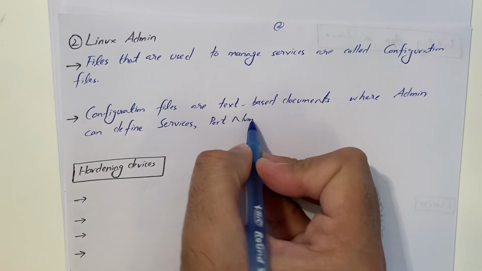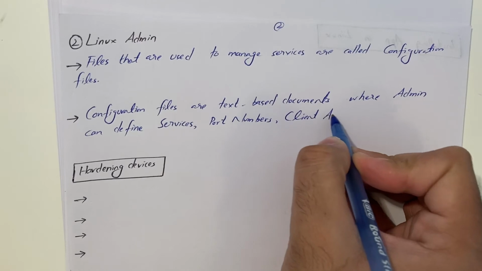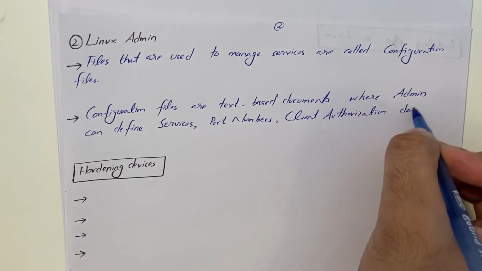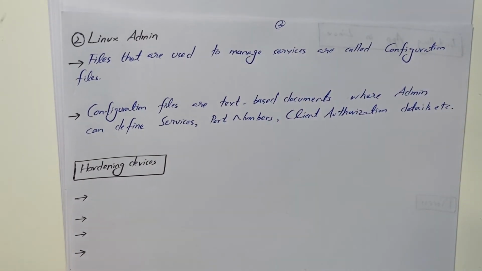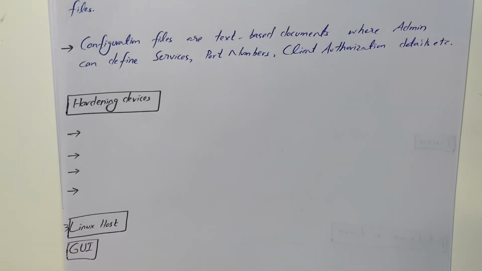You can block ports, you can enable ports, client authorization details, etc. This is basic, and you can always manipulate it if you know Linux programming. The configuration file could be written in Perl language. It could be in Python as well. So you can manipulate the configuration file if you want to disable services and all that. That's the way Linux administrators do it.